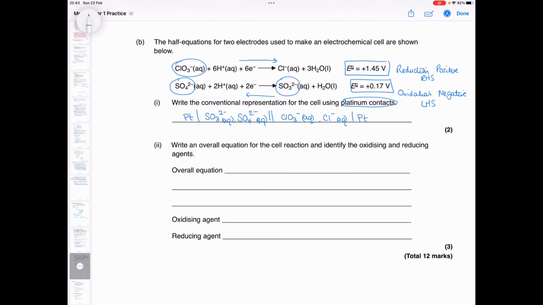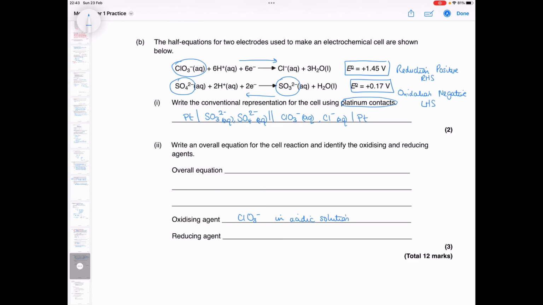Next we need to write an overall equation for the cell reaction and identify the oxidizing and reducing agents. Okay, so the oxidizing agent, let's do that first, is on the left hand side of the most positive cell. So the oxidizing agent is going to be ClO3- in acidic solution.